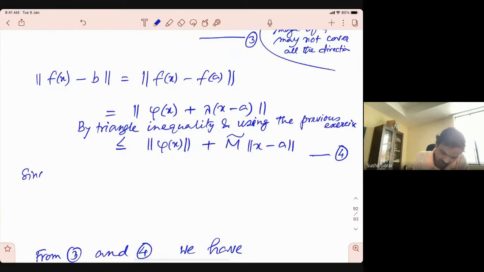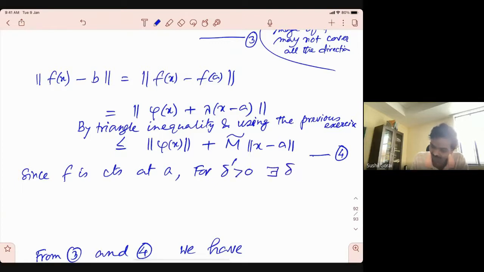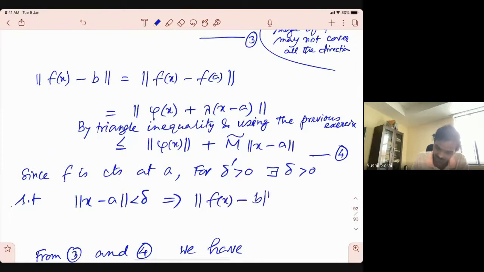Since f is continuous at a, because derivative implies continuity, for delta prime greater than 0, there exists delta greater than 0 such that norm of x minus a less than delta implies norm of fx minus b less than delta prime.